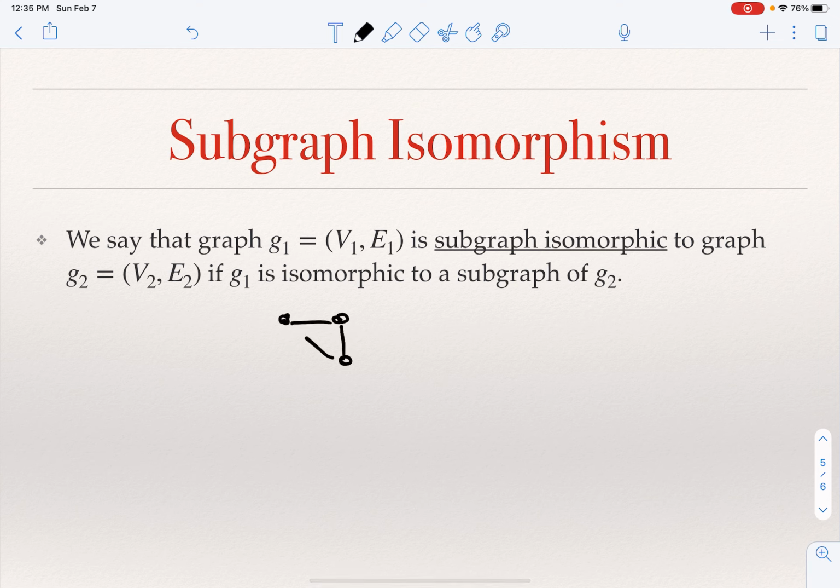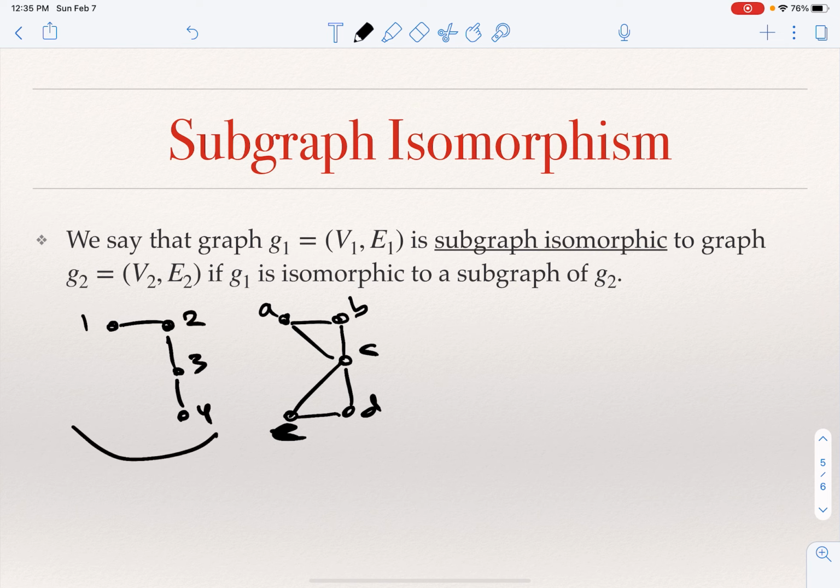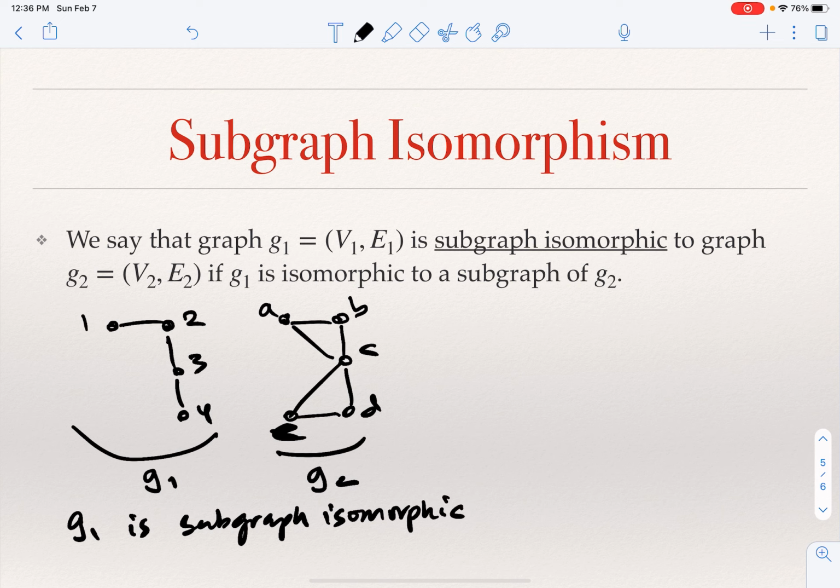So suppose we have this graph A, B, C, D, E. If I take the graph 1, 2, 3, 4, this graph G1, if this is G2, G1 is subgraph isomorphic to G2, okay?